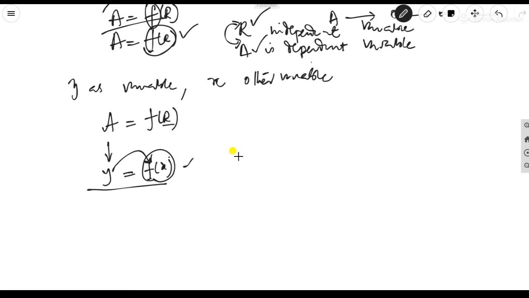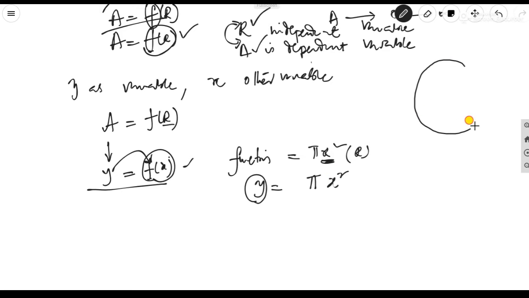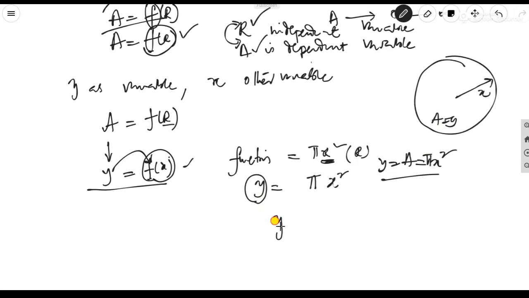In the area of the circle, the function is pi r square, or we can write y is equal to pi into x square, where the variable r for radius is substituted with x. That means in general y is equal to f of x. This is a representation of a function.